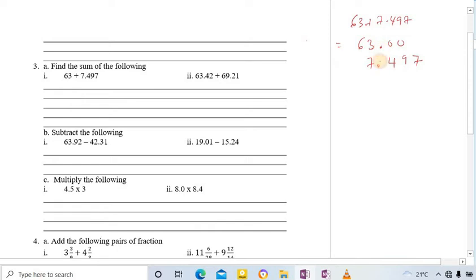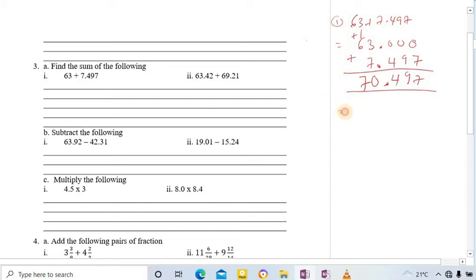You should have it like this. Beautiful. So you're adding. To make things simpler, you could put a 0 here. So 0 plus 7 is 7, 9 plus 0 is 9, 4 plus 3 is 7, and 0 plus 7 is 70.497.